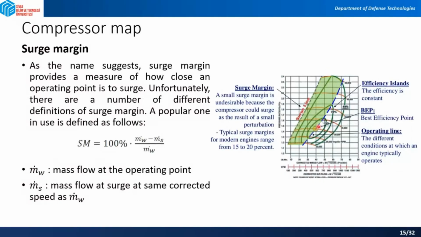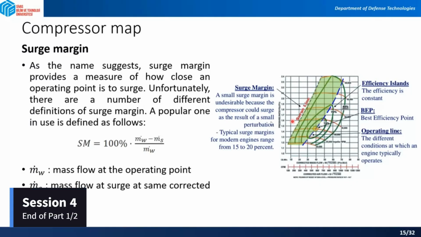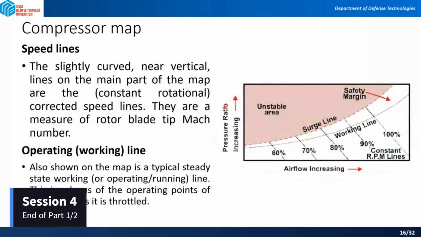This operating line, this blue line, you can see that these are the locus of different best efficiency points at different RPMs. When you put all these points and attach them together, you come up with a line that you call your operating or working line.